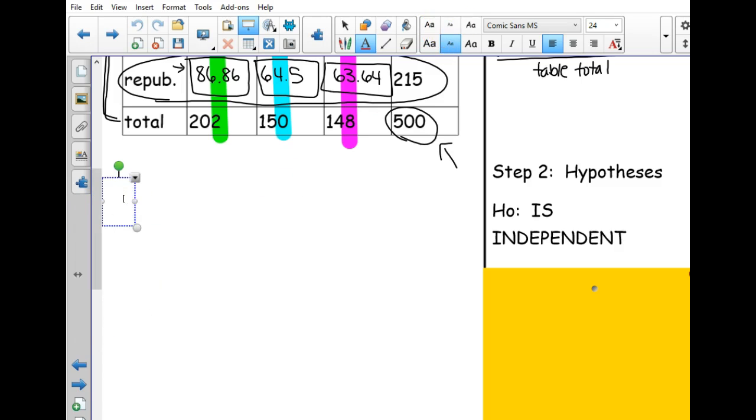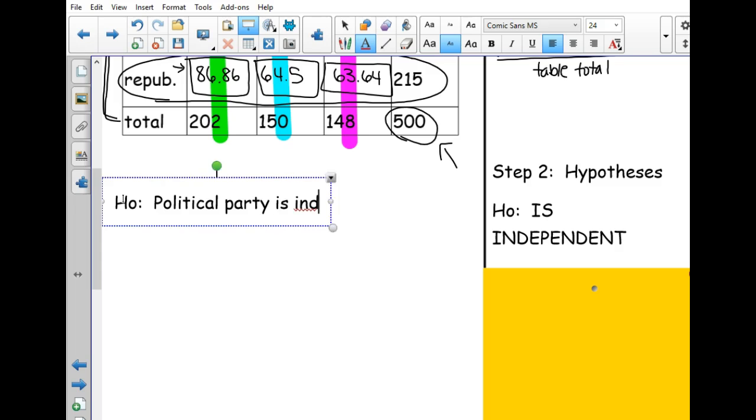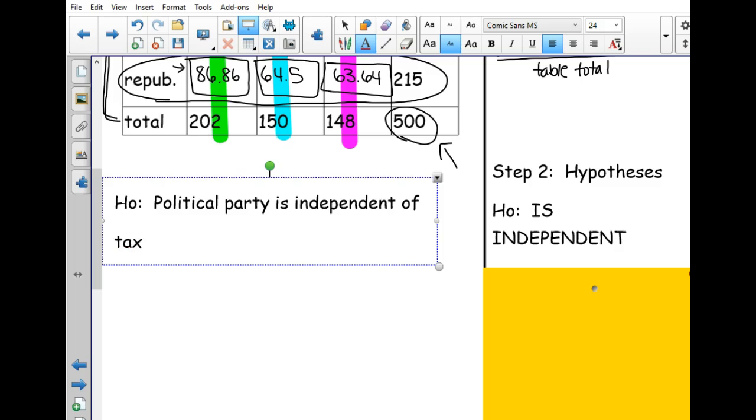How do I phrase it? It's very easy. You just take the two variables, tax reform and political party, and you say they're independent of each other. So, H0: political party is independent of tax reform opinion.